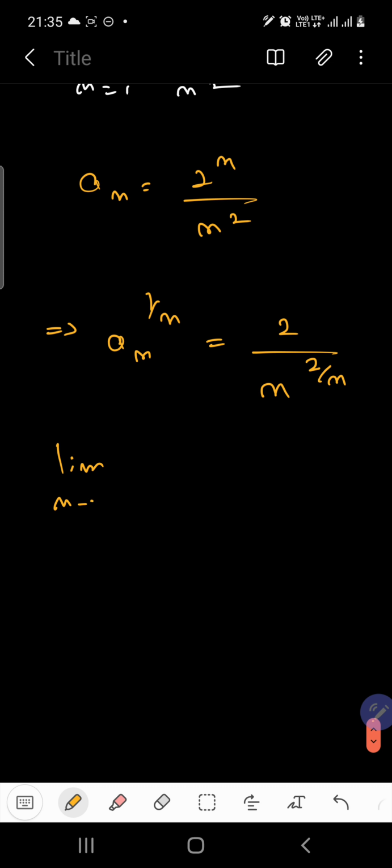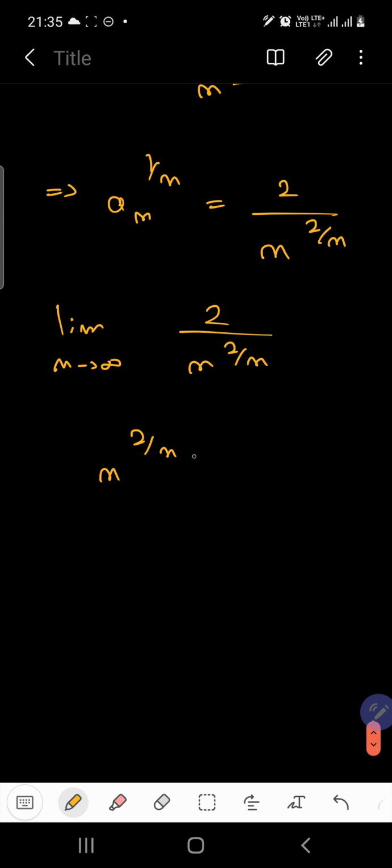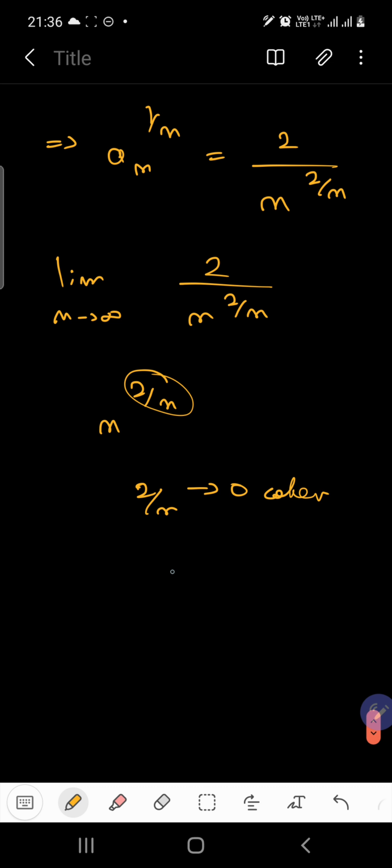Limit n tends to infinity of 2 over n to the power 2 over n. What does it give you? Carefully notice this. This is n to the power 2 over n. Now the bottom portion: n to the power 2 over n, 2 over n tends to 0 when n tends to infinity. That means the bottom tends to 1. Therefore this will tend to 2.